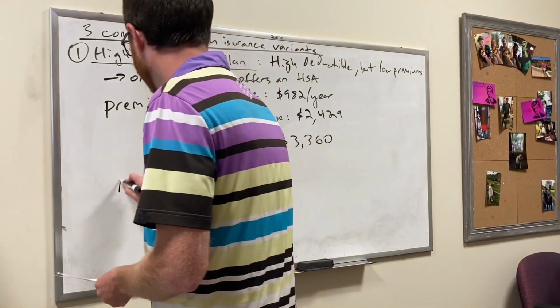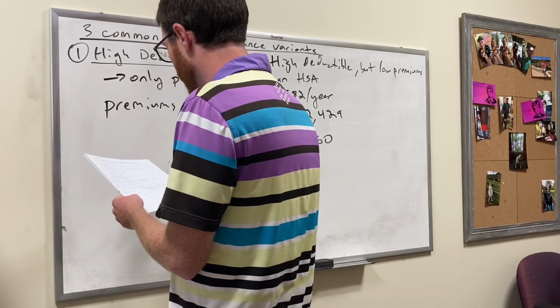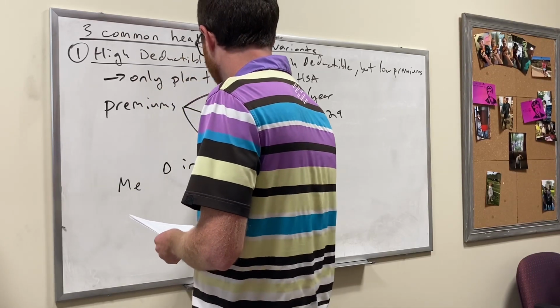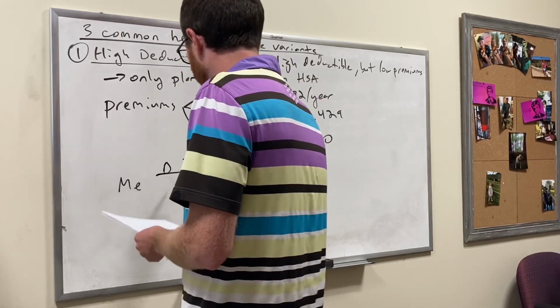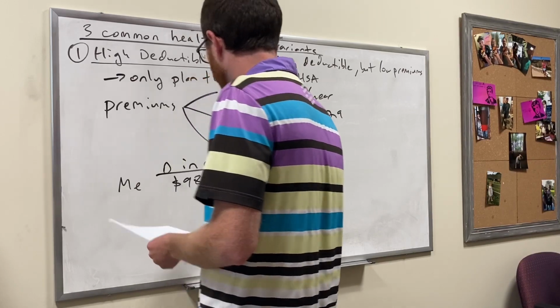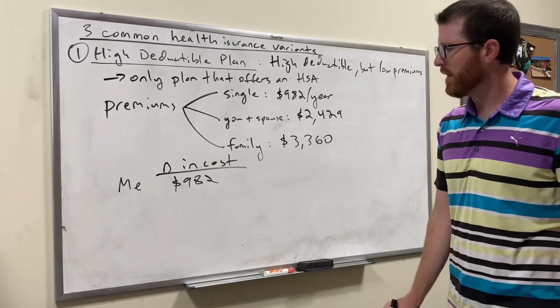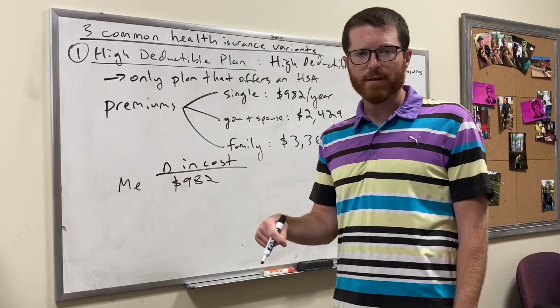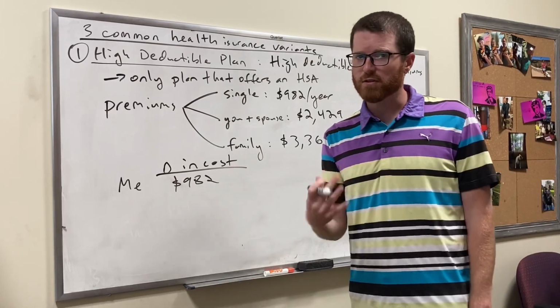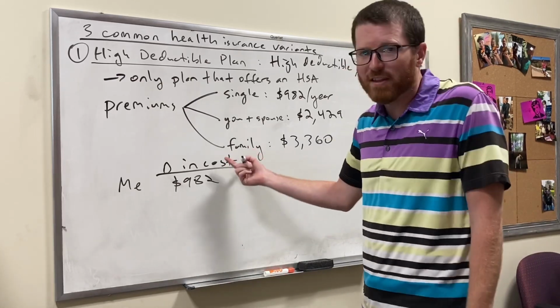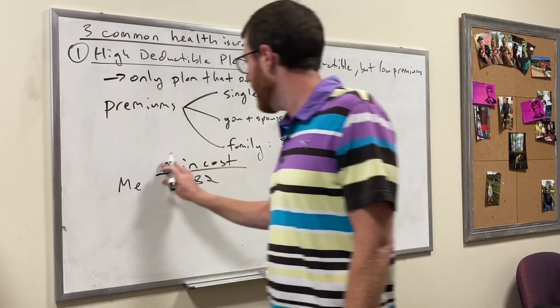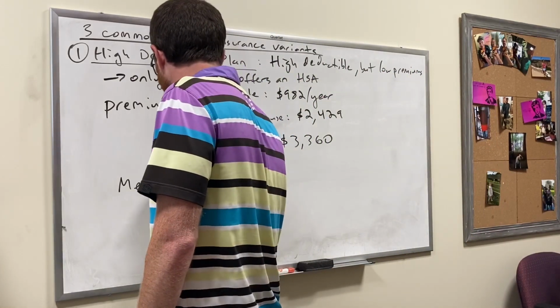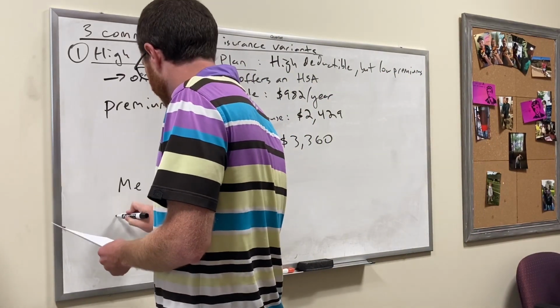And this is probably worth mentioning here, that as you add people to your plan, think about how the costs change. So if I go from no plan to having just me covered, just a single plan, I would go from paying nothing, of course, to $982, all right? So that would be my change in cost.